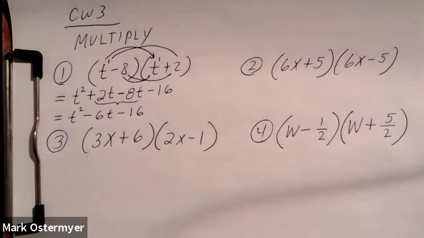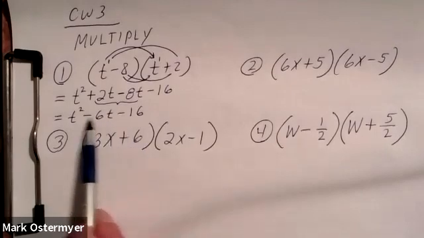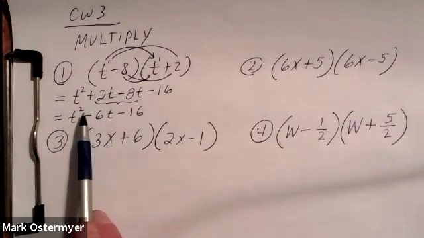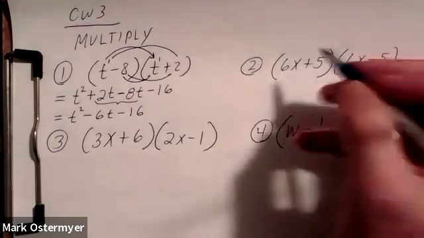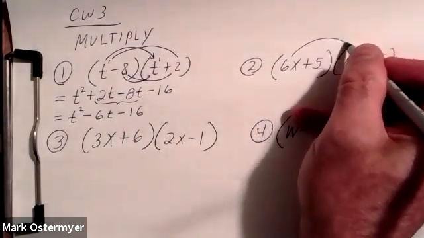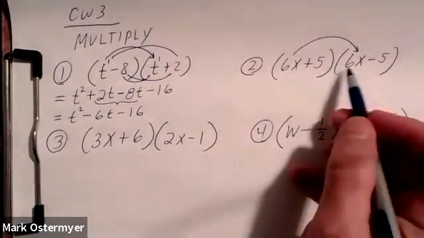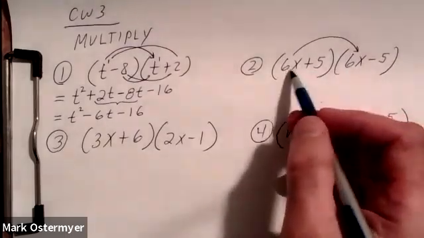All right, let's try the other. Notice this is written in descending order. The degrees of the terms decrease from left to right. Trying this one, what's 6x multiplied by 6x? 36x squared.